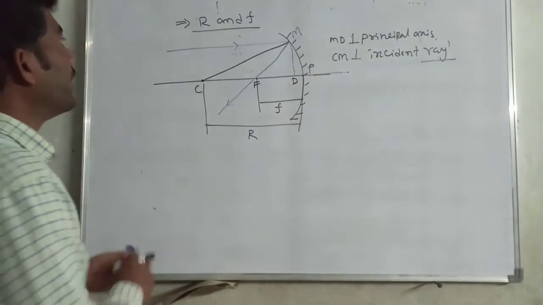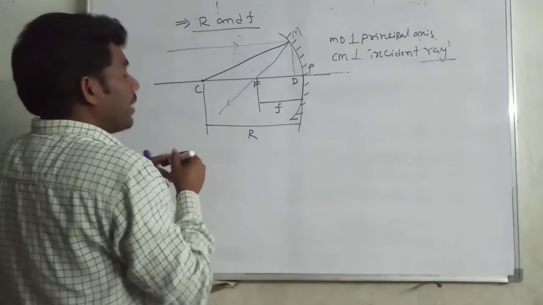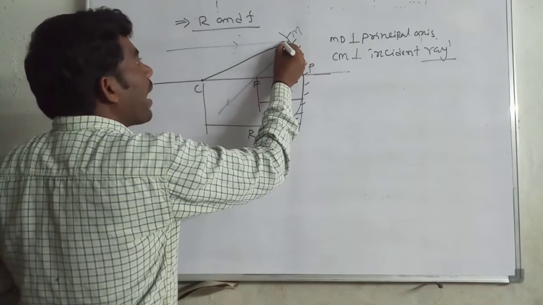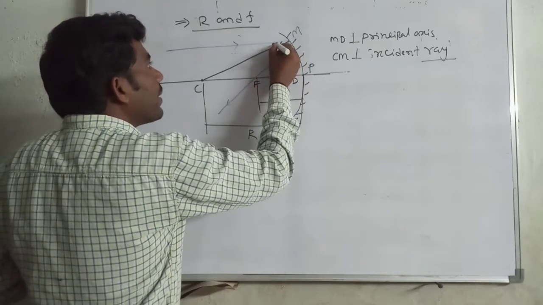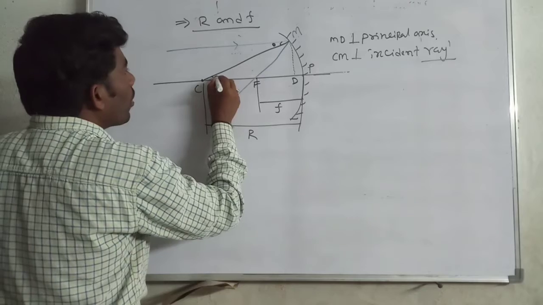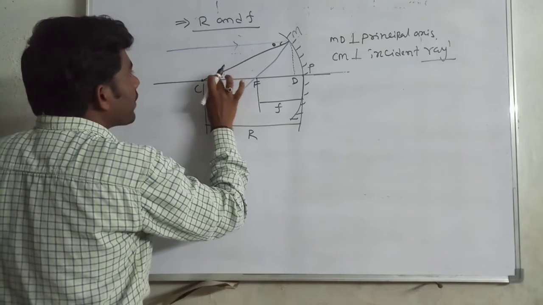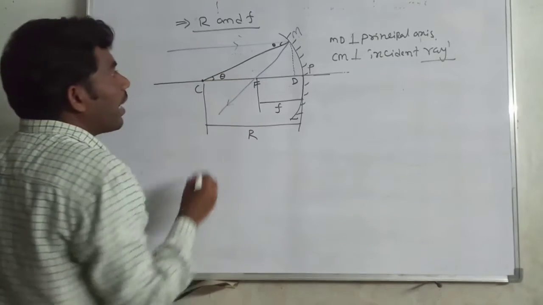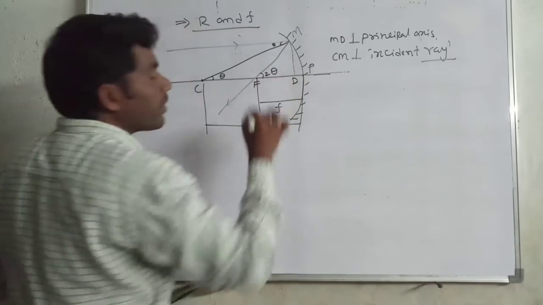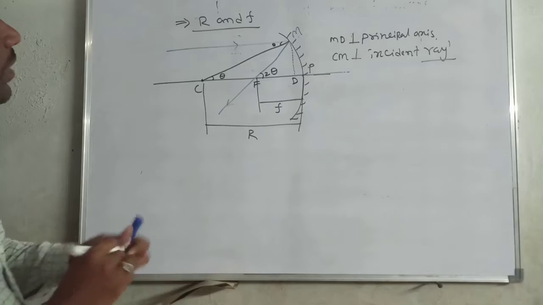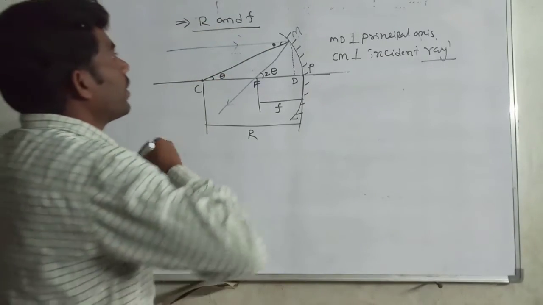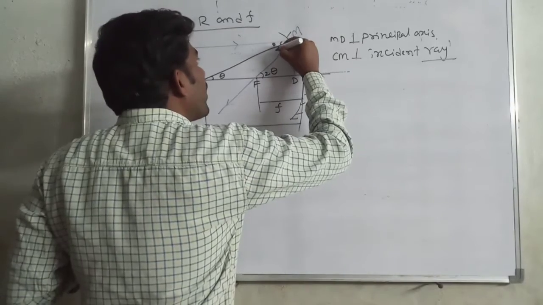Then this incident ray at the point M makes some angle theta, and this is also theta, and this is 2 theta. This is important. This is theta, this is theta, and this is also theta.